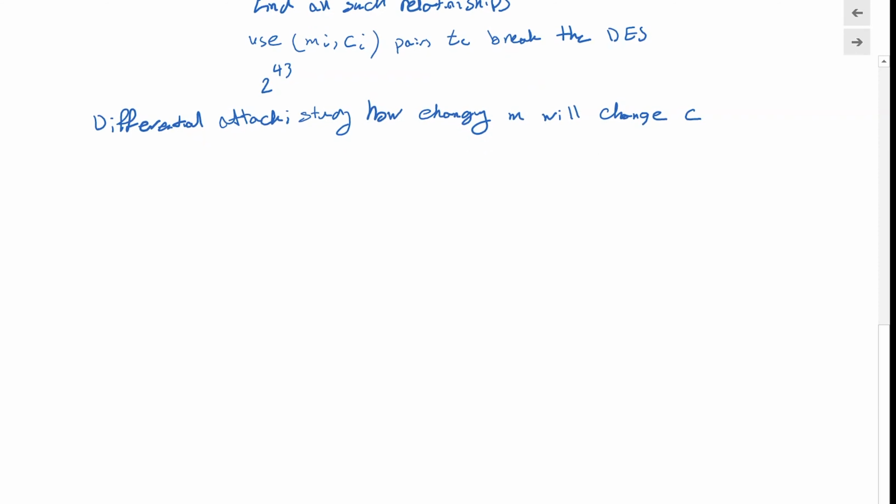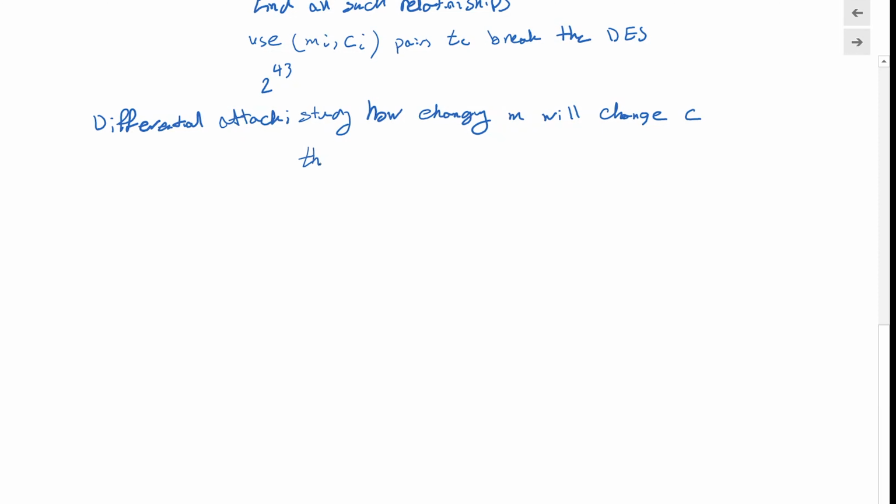So given that, if there is an algorithm that by flipping one or some of the bits of M, the ciphertext C doesn't change significantly, then that means that there is a non-linear relationship, right?